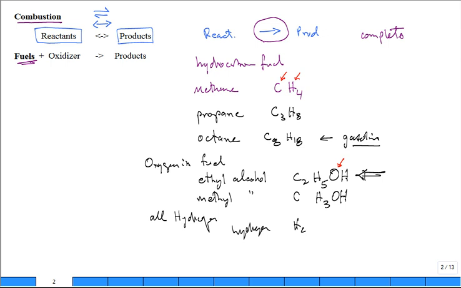And sometimes you have fuels that are all carbon. I know that the pure tank of hydrogen is a good gas. You paid a lot of money for the bottle of hydrogen, and it's pure hydrogen. Now carbon, we don't really have pure carbon, but something that's close to all carbon is coal.